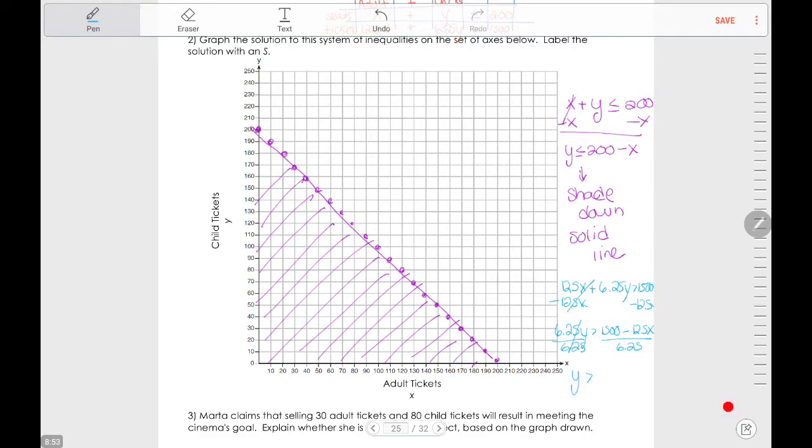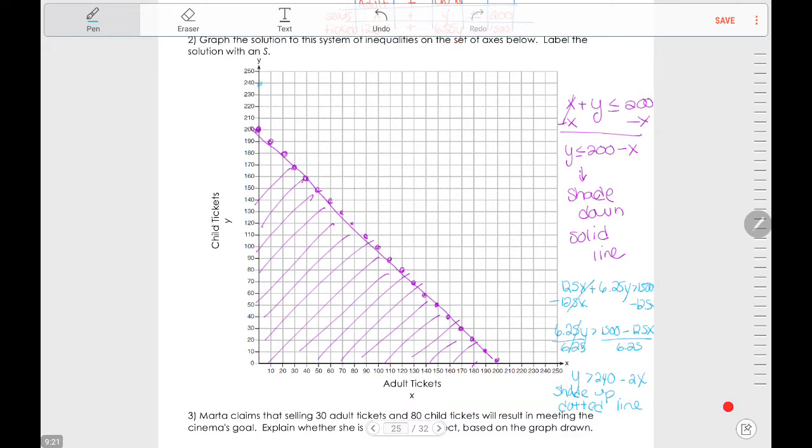And we get y is greater than 240 minus 2x. This one is going to shade up and be a dotted line.